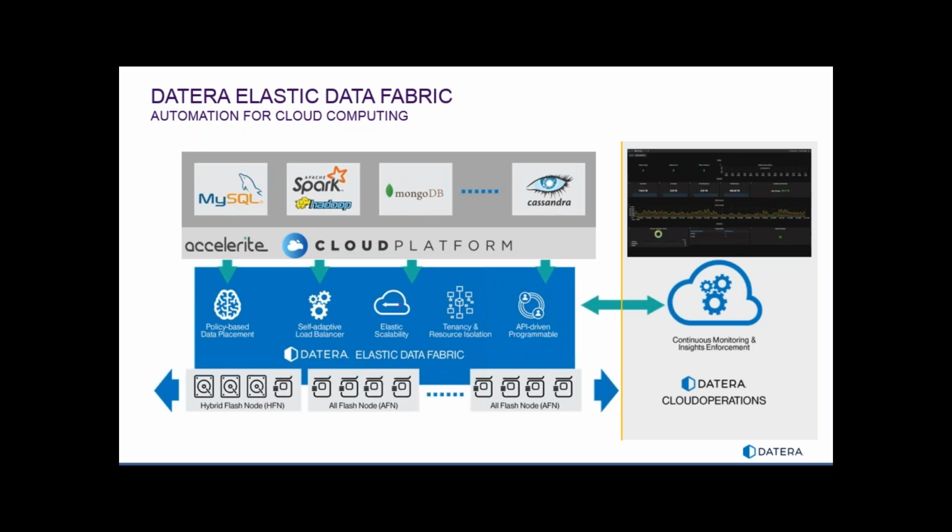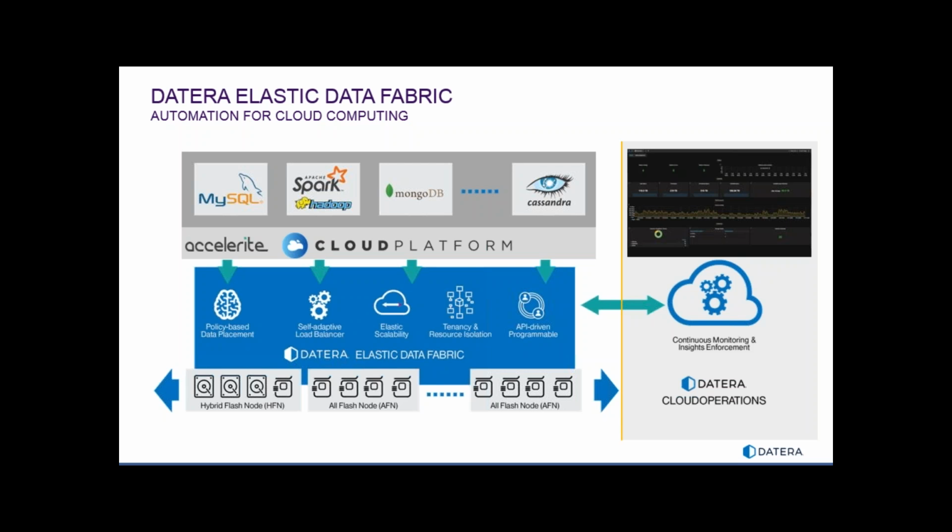The system is multi-tenant by nature, so you can have unique tenant views. The idea is whether it's an application, a user or a tenant, you can use the Datera system to carve out the appropriate tenancy views. And lastly, the system is completely API driven. So every aspect of the system is programmable through a RESTful interface.